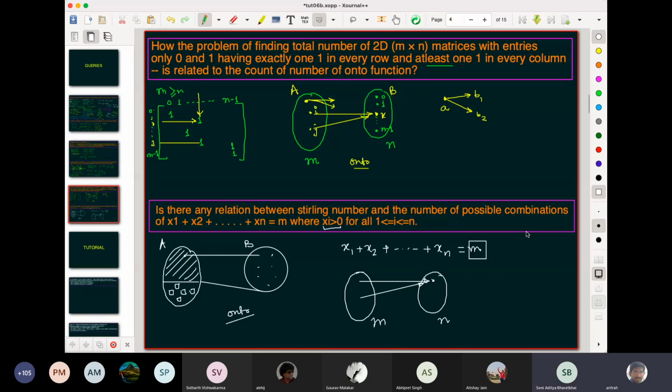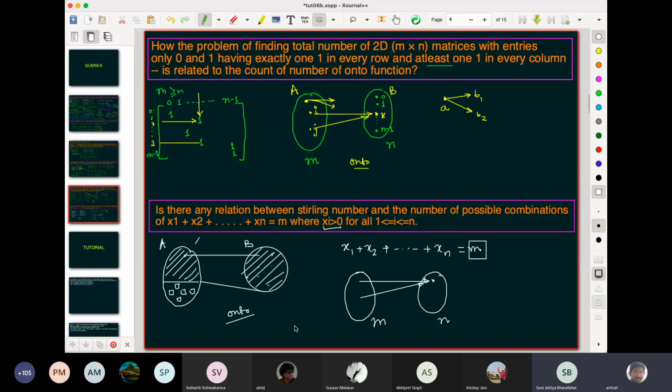Sir, how can we say that there will be some elements in A which are not mapped to B? Because if we define A as the domain, then the function must be defined for all elements in A. No, but see, the onto function means all elements in B should have a pre-image in A. It may not span across everything.